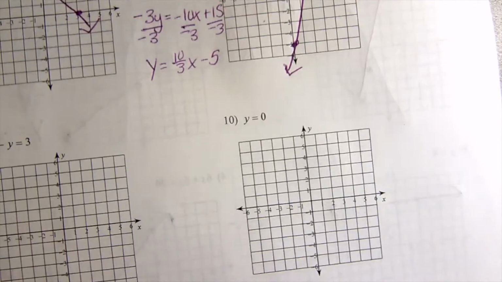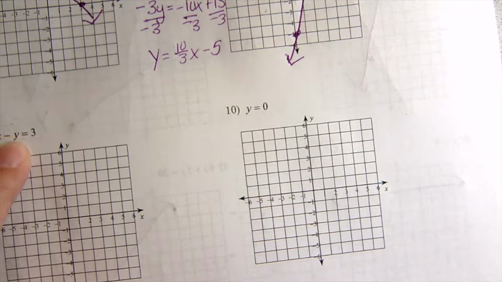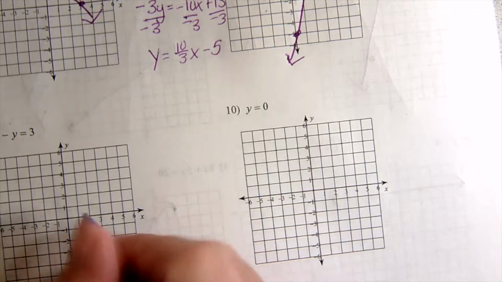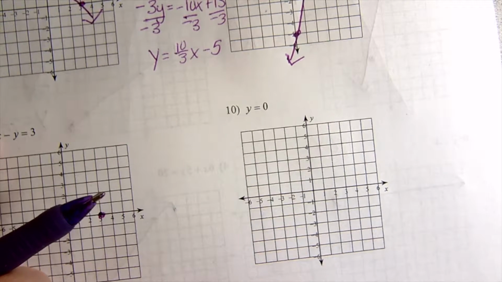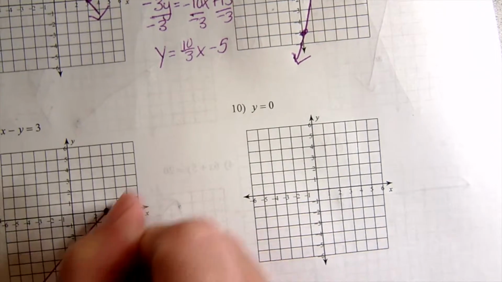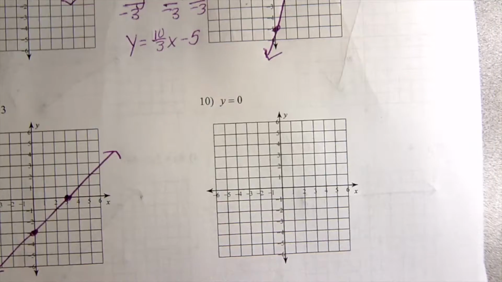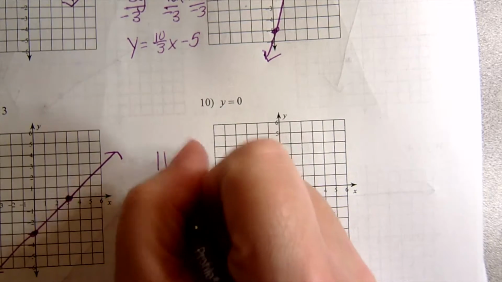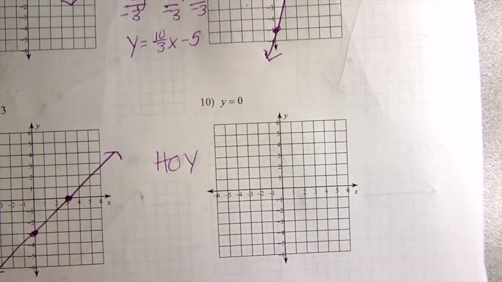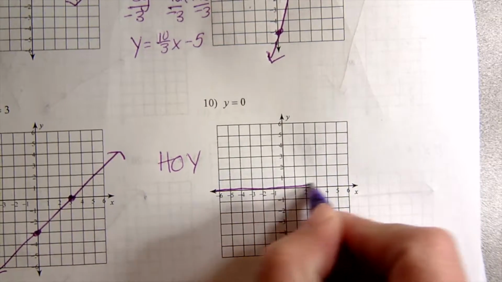Number 9, what is the x-intercept? Positive 3. What is the y-intercept? Negative 3. Number 10, what kind of line is that? Horizontal. And it goes over what? The x-axis. It is the x-axis.